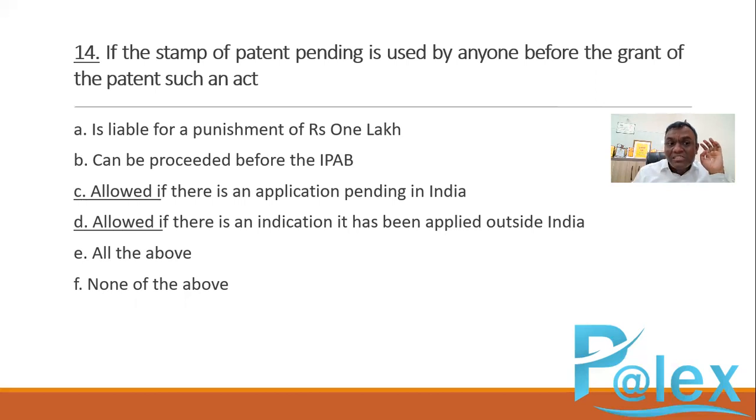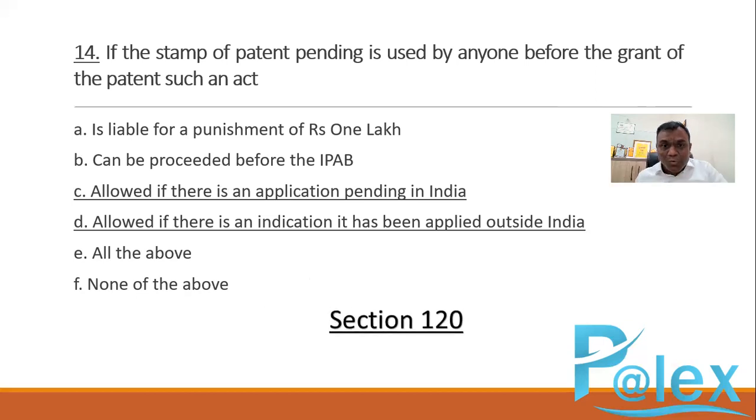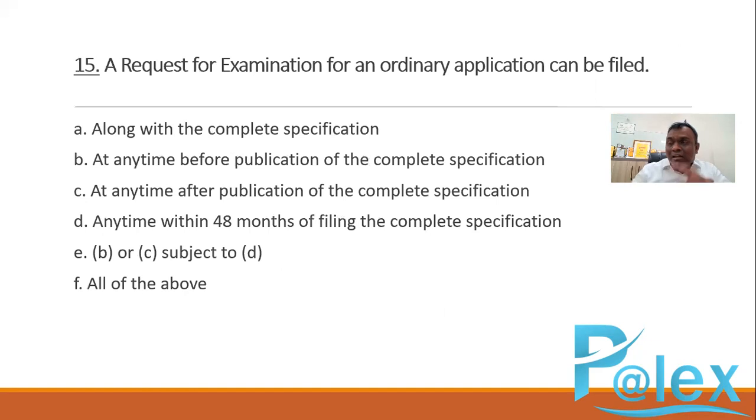The correct answer to this is C and D. If the application is pending, then under section 120, anywhere in India or outside, you can put a patent pending marking, or what you also call stamping. So when I say marking, the term generally used is patent marking, for putting it as a part of a package, or the entire external outlook of the product. Therein you are mentioning this.